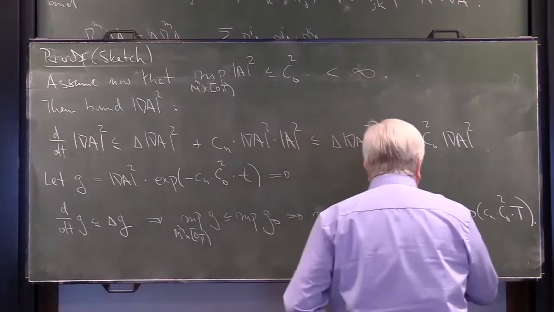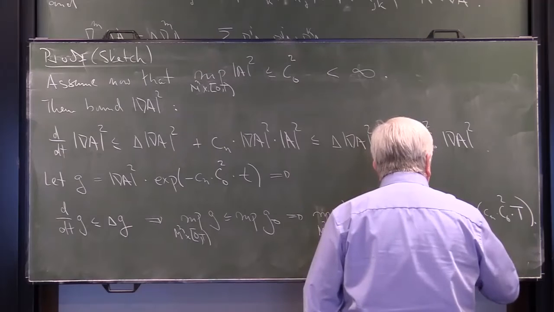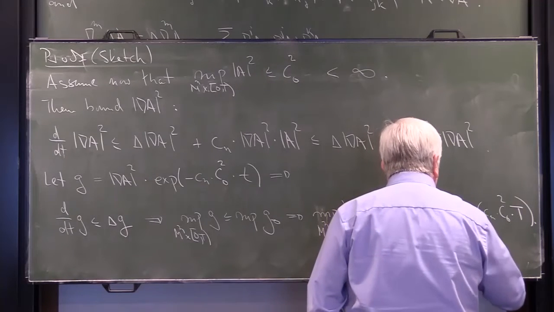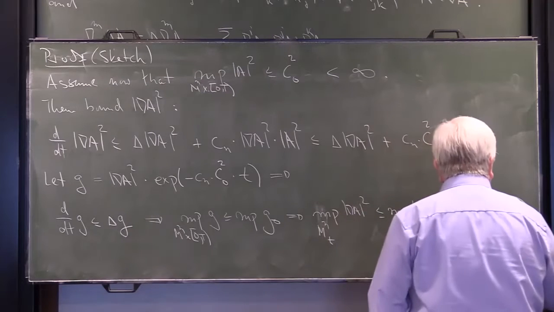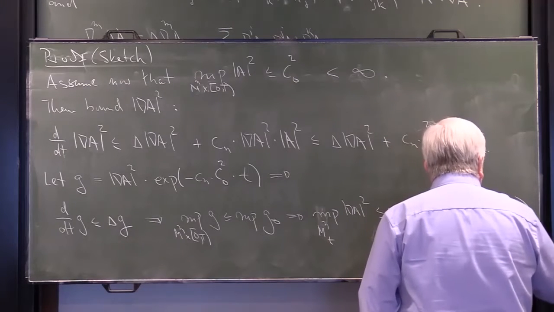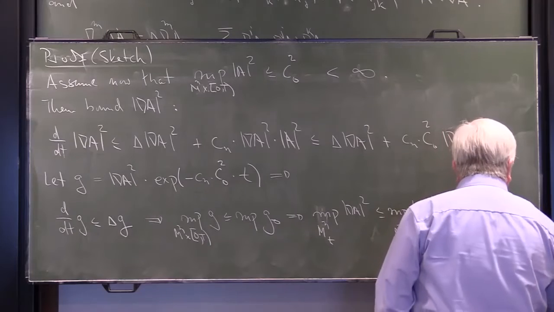So this is less than some constant C1, depending on n, C0, and T max, times the norm of gradient A on the initial surface. Okay.